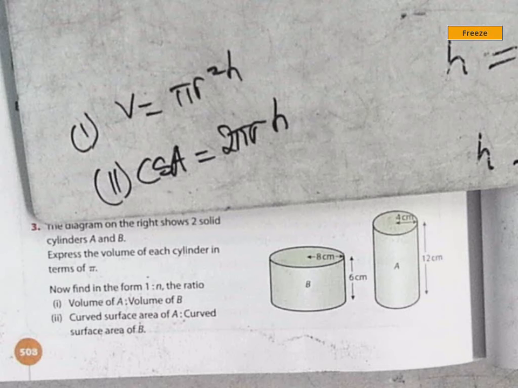How do you normally do it? You put it over a fraction. So did you get 384 is to 192, right? The easiest way to do that is to put 384 divided by 192 into your calculator. And I got 2. Yeah, and it's 2 is to 1.